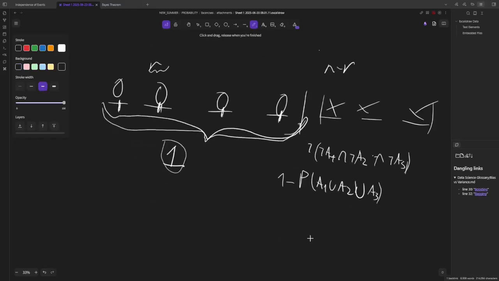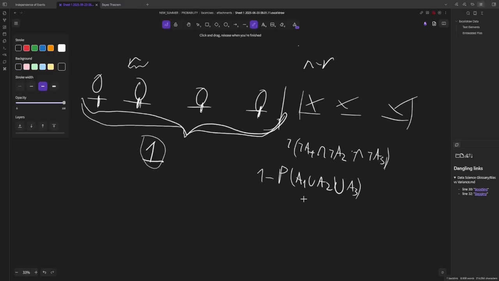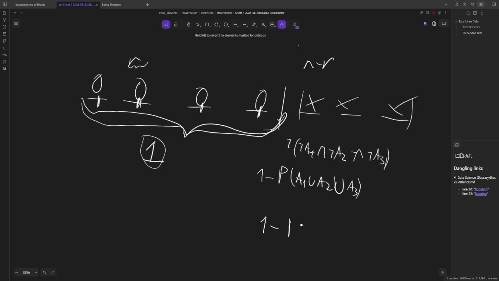Yes, we can use the formula we've just used before, which is 1 minus... well, yeah, I think this is where I'm getting confused. I'm mixing probabilities with possible outcomes.